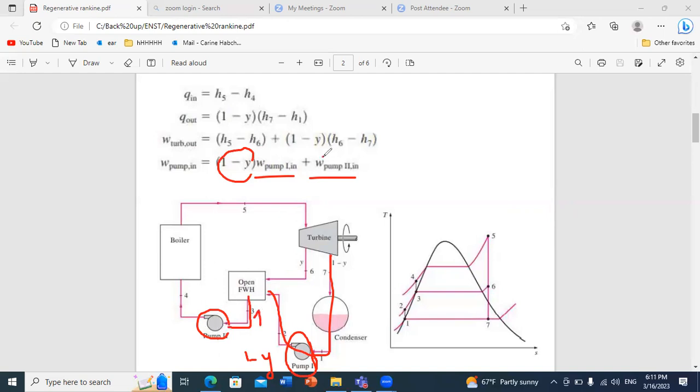That's why for W pump 2 you take the whole fraction, while for W pump 1 you only take 1 minus Y.